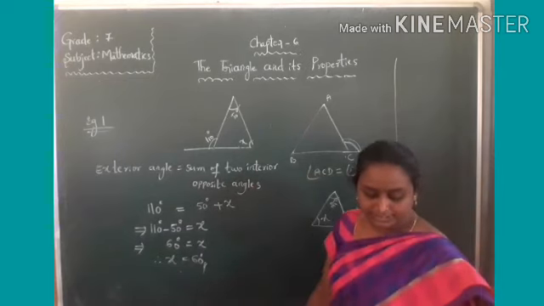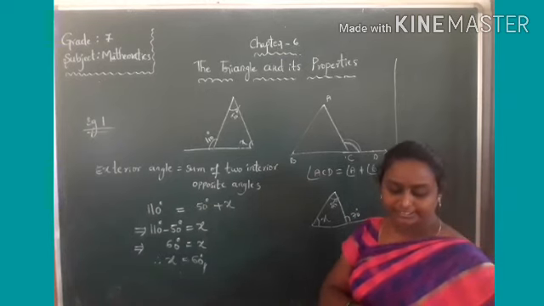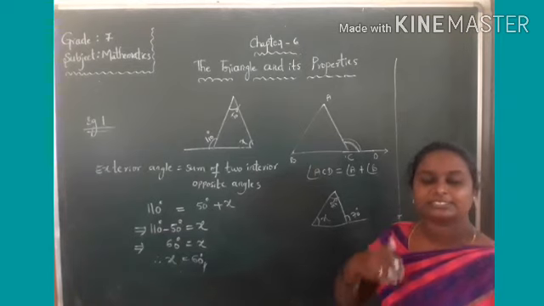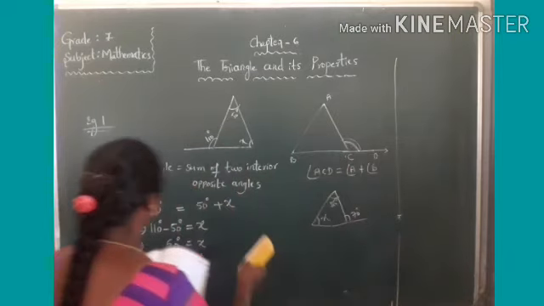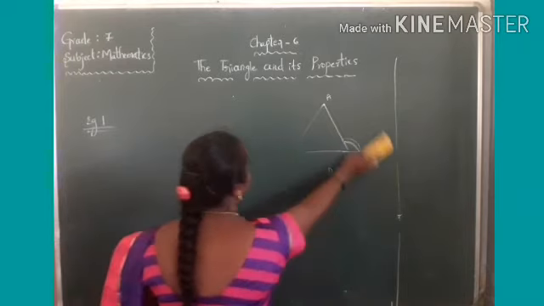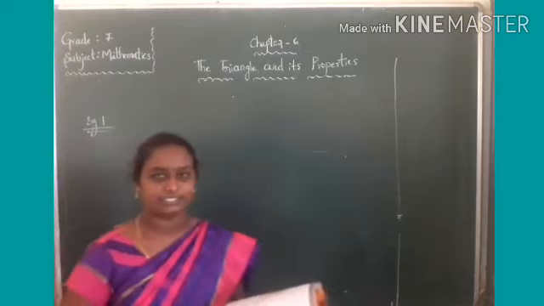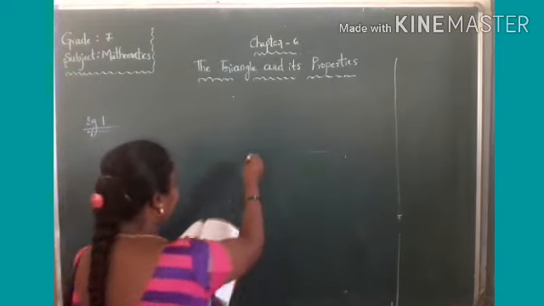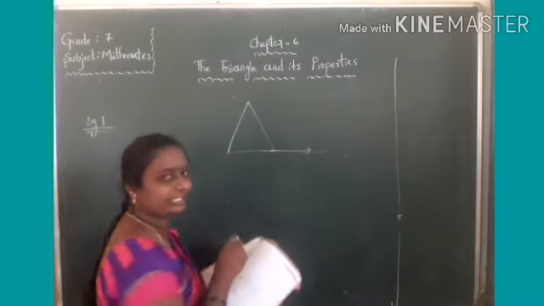Second one: the two interior opposite angles of an exterior angle of a triangle are 60 degrees and 80 degrees. Find the measure of the exterior angle. Here observe, two interior angles are given, and you have to find the exterior angle. Before that, draw a triangle and draw an exterior angle.